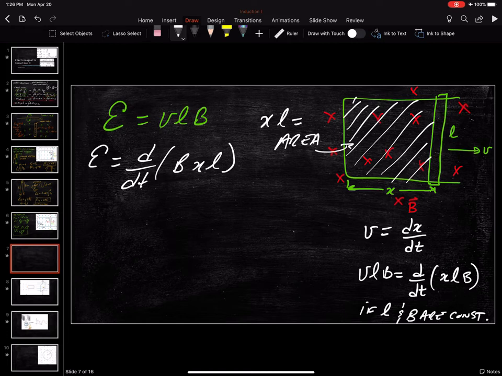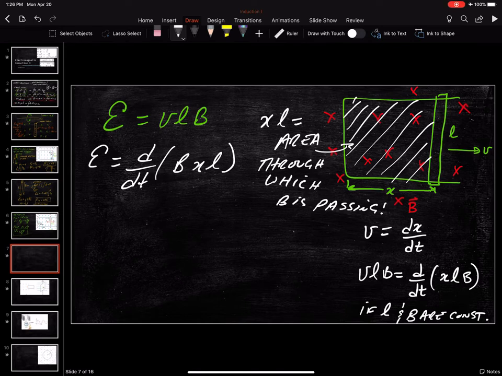It's the area through which B is passing. It's the area through which the magnetic field is passing. So in other words, this is the flux.